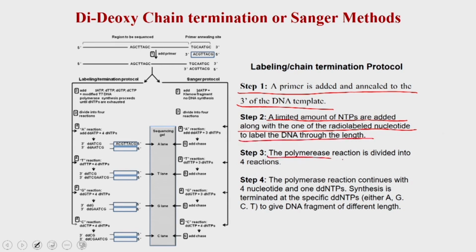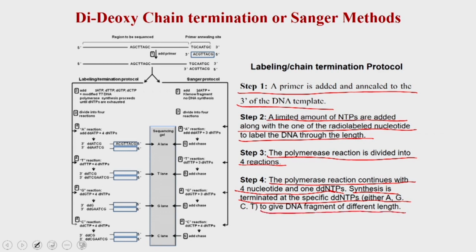Then you add the polymerase reaction into the 4 reactions, and you do exactly the same as discussed for Sanger's protocol. The polymerase reactions continue with the 4 nucleotides, and one of the nucleotides would be the dideoxynucleotide, and synthesis is terminated at the specific dideoxynucleotides to give DNA fragments of different lengths.